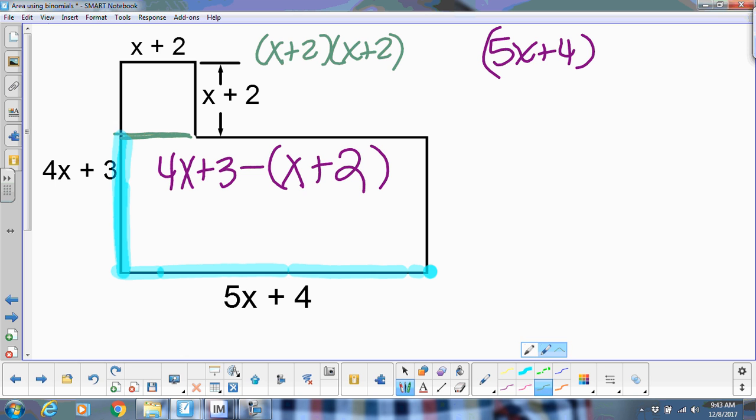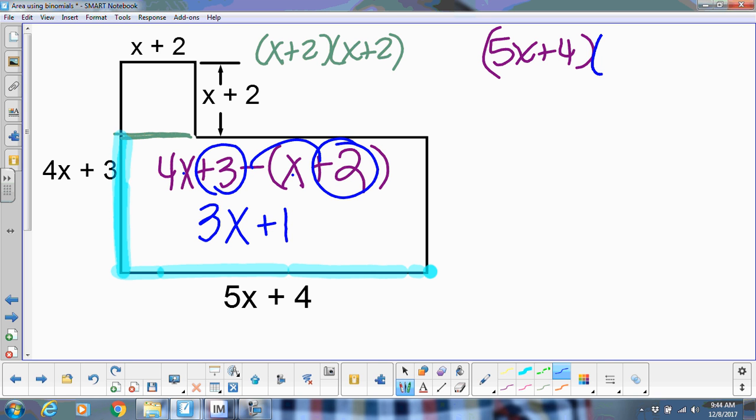All right, so simplify that out. And 4x minus x gives me 3x. And 3 minus 2, positive 1. So this part is 3x plus 1.